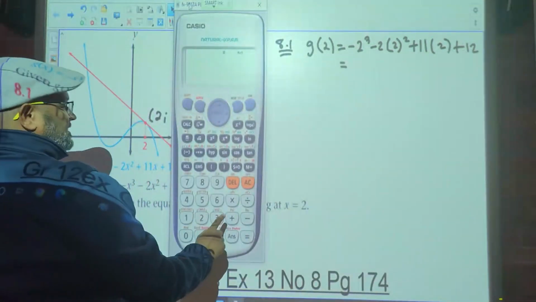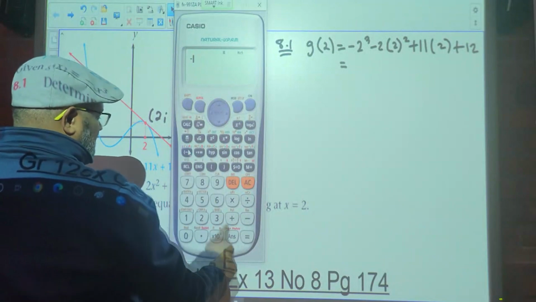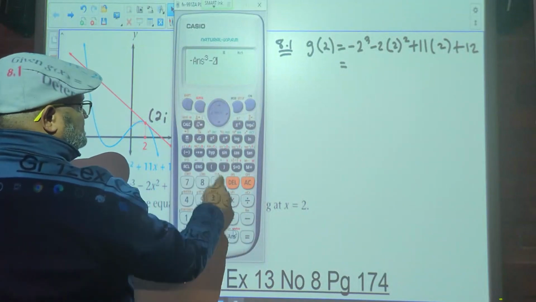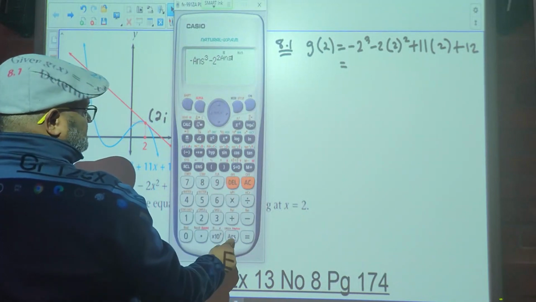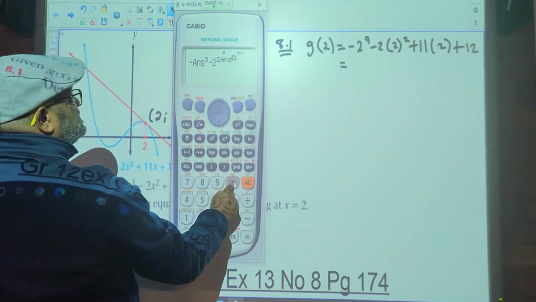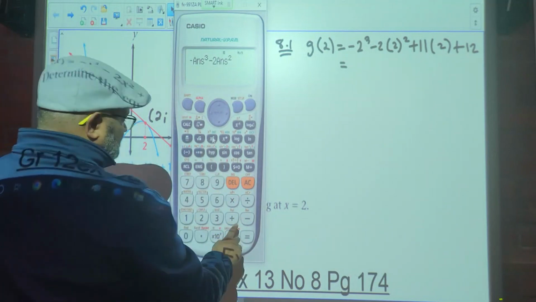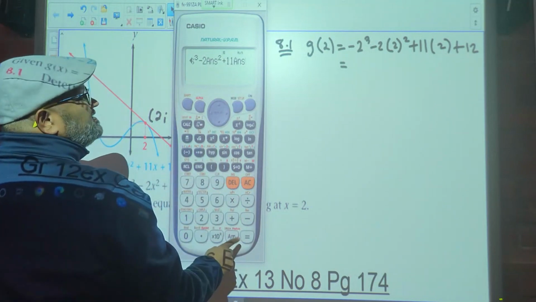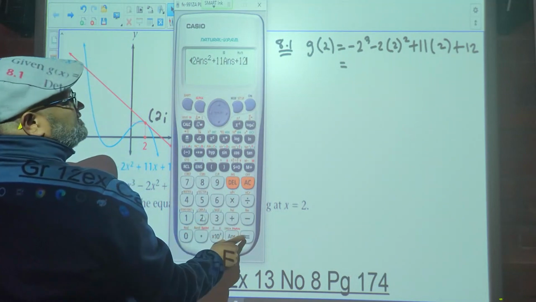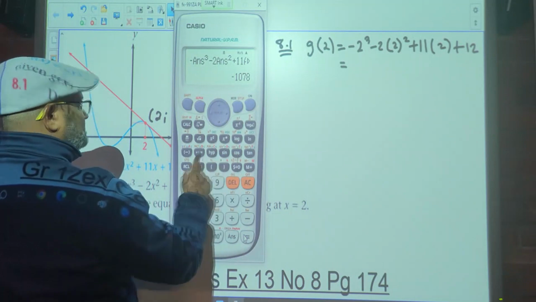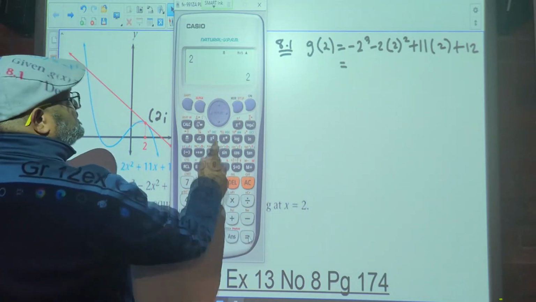Negative answer cubed minus 2 answer squared plus 11 answer plus 12. 2 is for your x value, so say 2 equals.